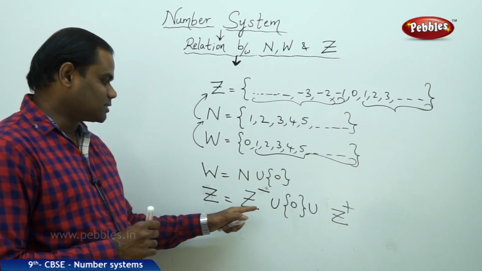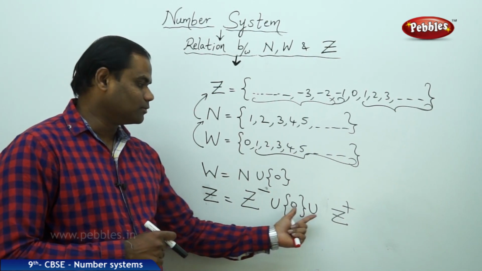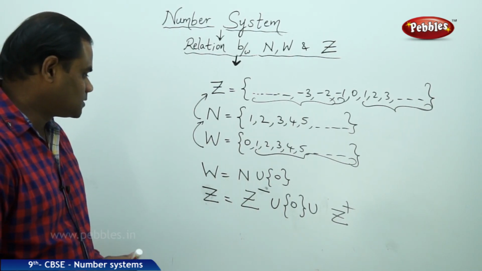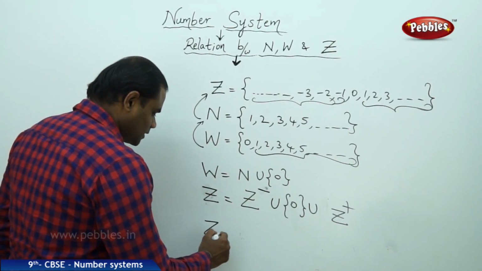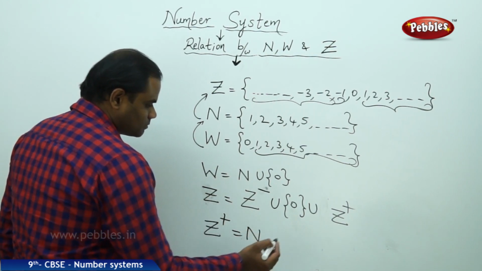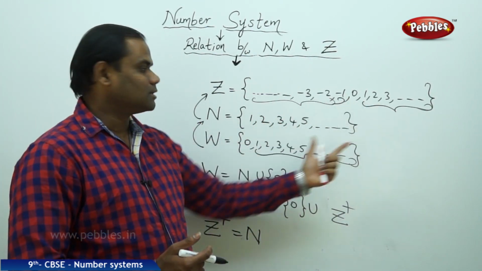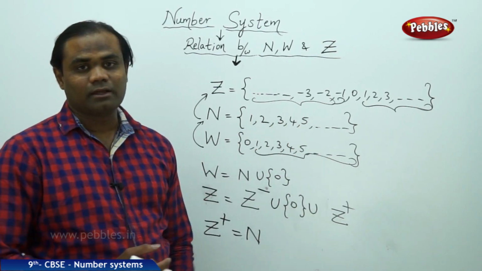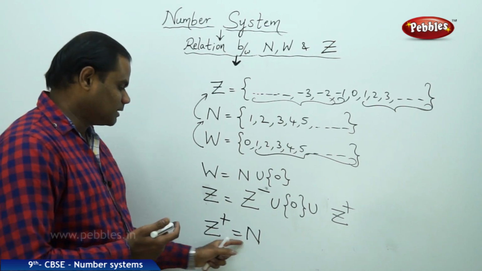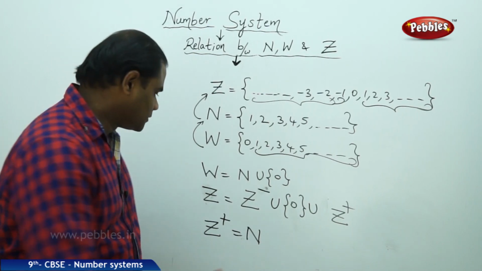Now the set of integers is the union of the set of negative integers, union singleton 0, and union the set of positive integers. With this, I clearly see that the set of natural numbers is nothing but the set of positive integers, because natural numbers match with Z plus, as Z plus is 1, 2, 3, 4, 5, and the set of natural numbers is also 1, 2, 3, 4, 5, etc. So Z plus is N and Z minus is the set of all negative integers.